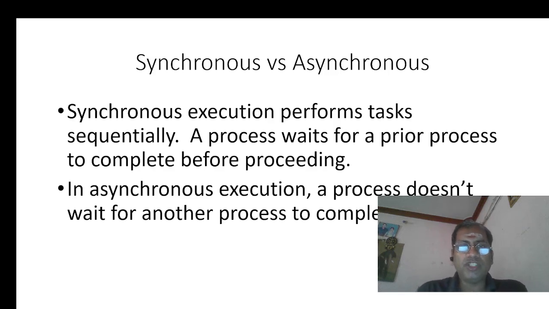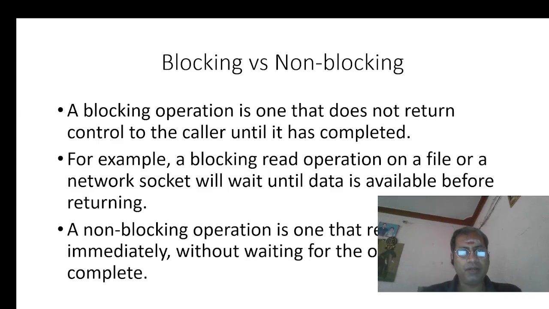Going to synchronous and asynchronous, the synchronous execution performs tasks sequentially. A process waits for a prior process to complete before proceeding. In asynchronous execution, a process doesn't wait for another process to complete.